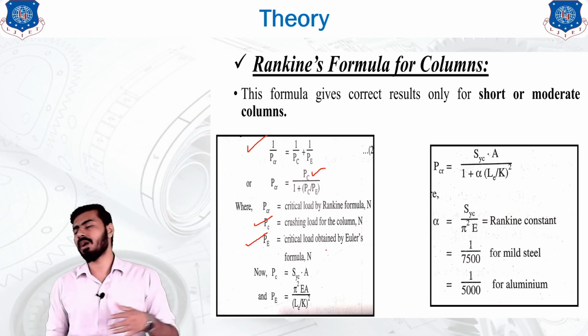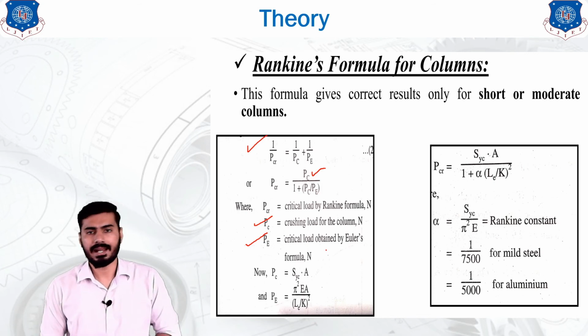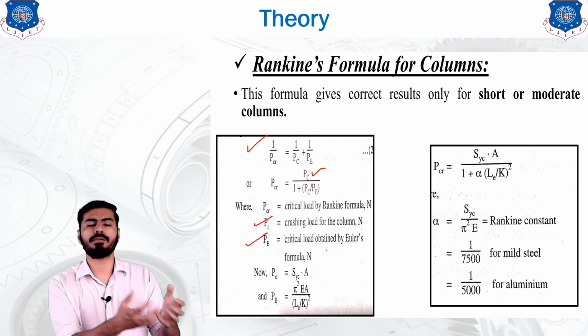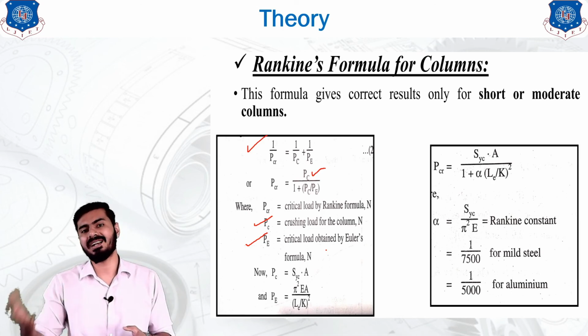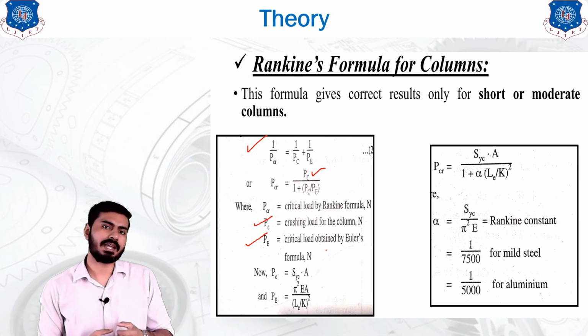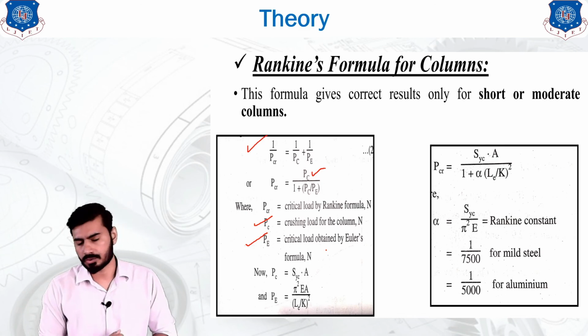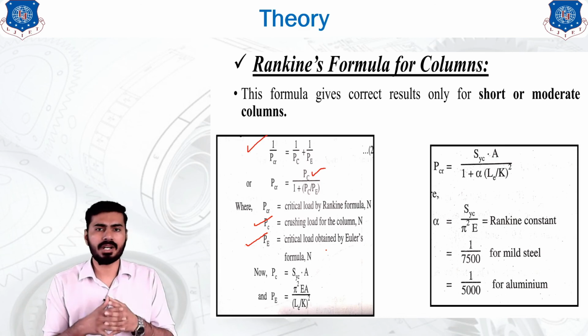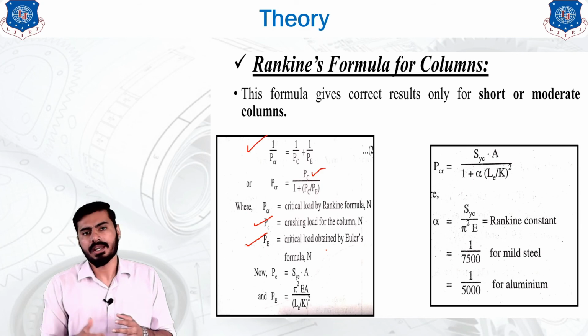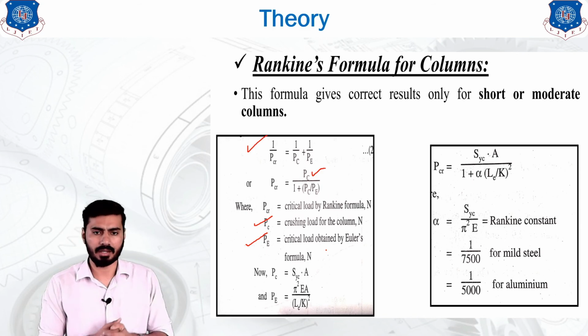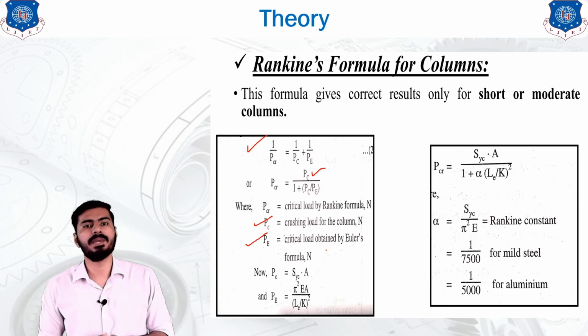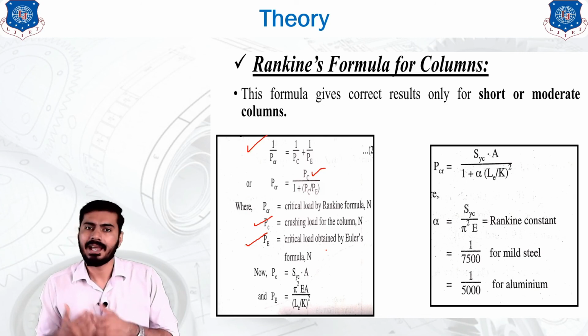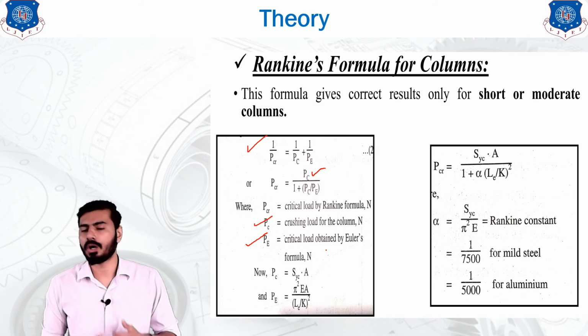Basically, what Rankine did is take the crippling load from Euler's formula and combine it with the crushing load which can arise in the short column. By the combination of both loading conditions he developed this equation, and using it you will be able to calculate or design any column which is short or moderate.